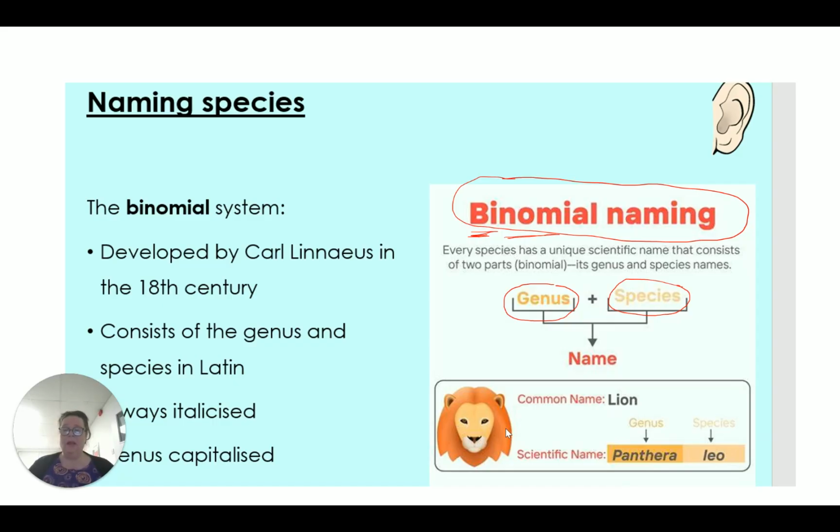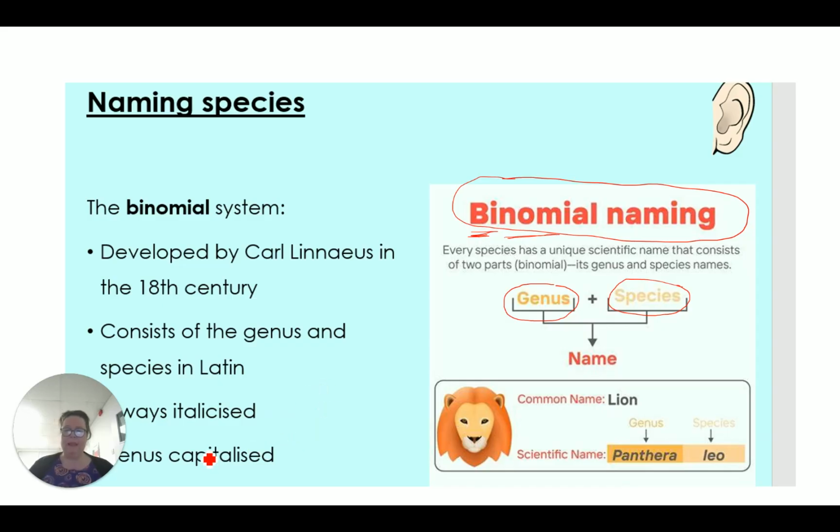So you've got some writing here. The binomial system over here was developed by Carl Linnaeus. Genus and species in Latin. Now this says always italicized. That means it's in italics, slopey writing.